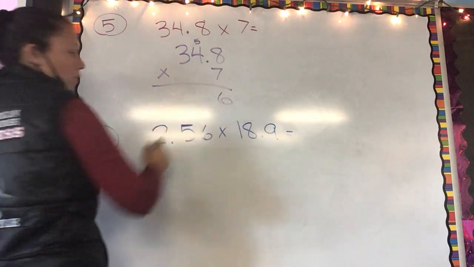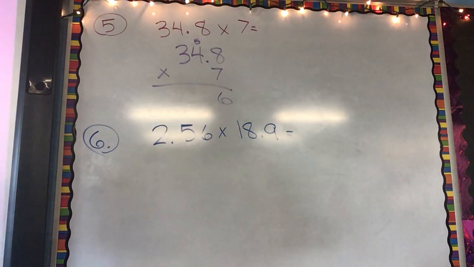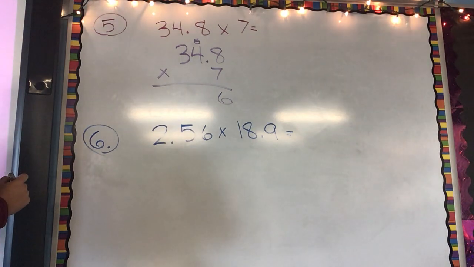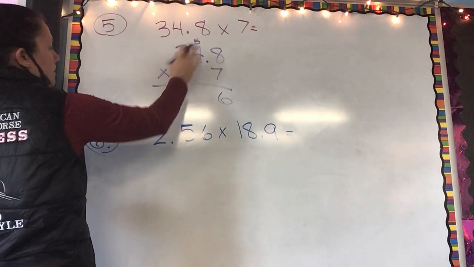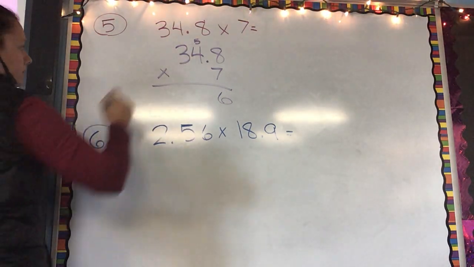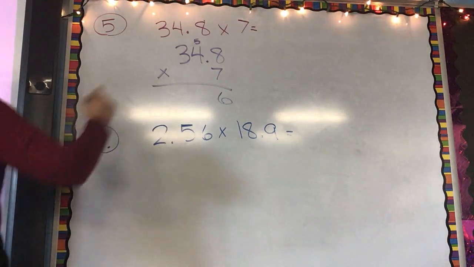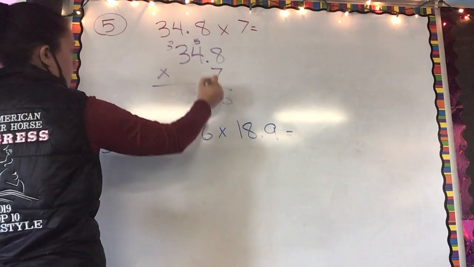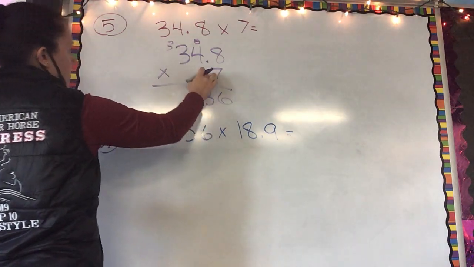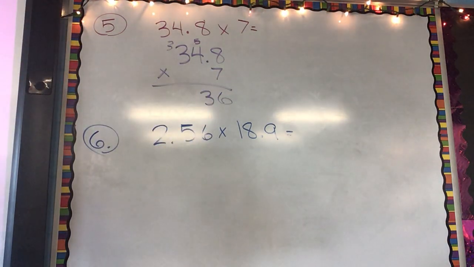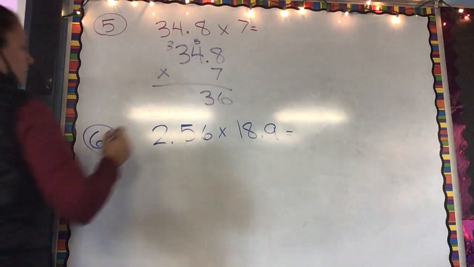What's 7 times 4? 28. Plus 4? Plus 5. 31. 33. 7 times 3? 21. Plus 3? 24.